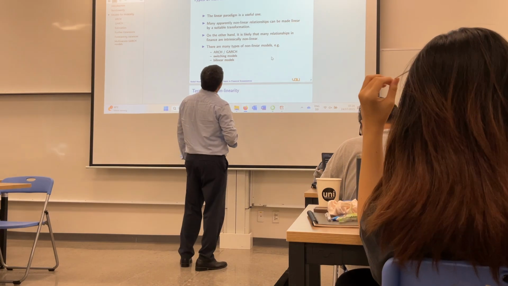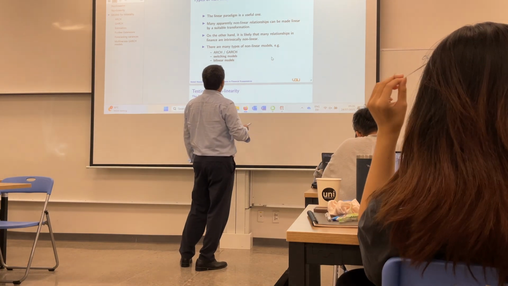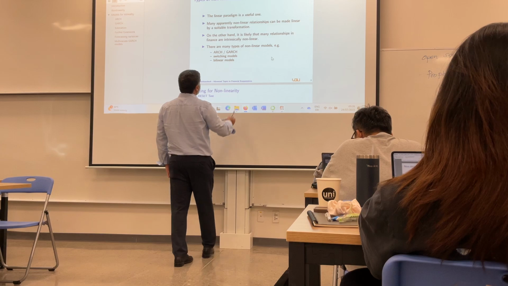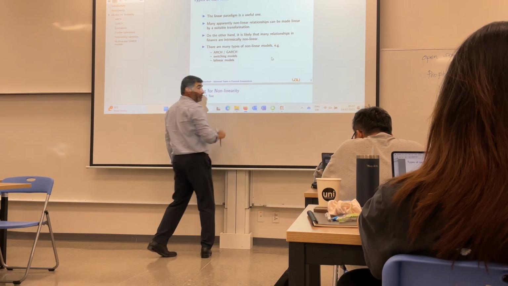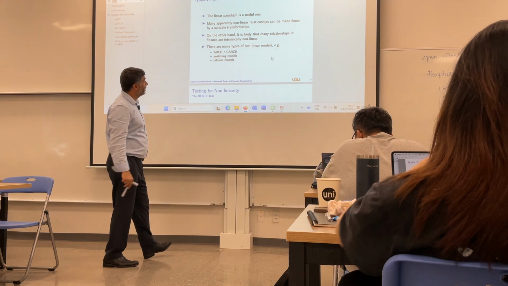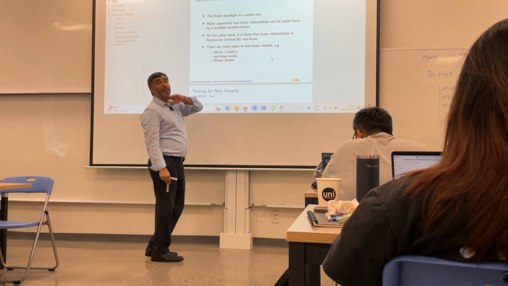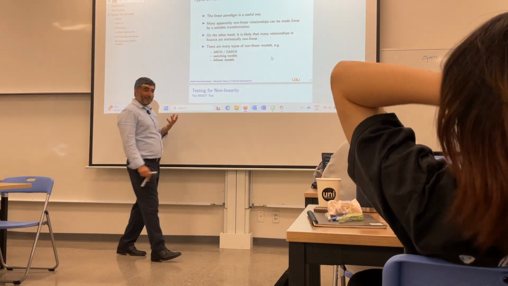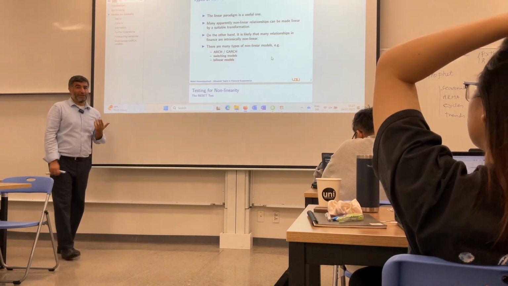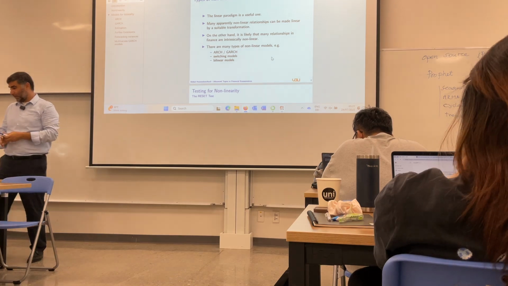Or you use nonlinear models, of course, you know ARCH and GARCH. You may use switching models, that is the next section. Then there are bilinear models. So there are some classical ways of taking care of nonlinearities.